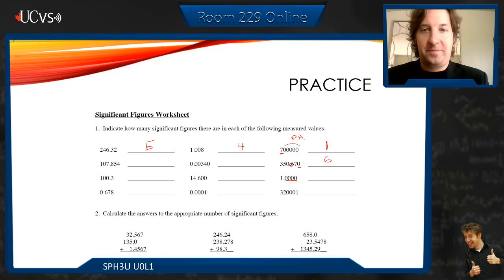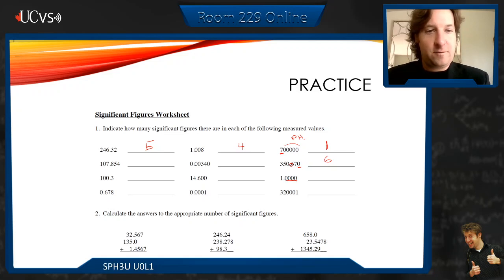Okay, as opposed to the 700,000, where this is just telling us how big the number is. We don't know what these numbers are. It could be 712,342. Right? But we don't know exactly what those numbers are. We just say that they're zeros because that's how big the number is.